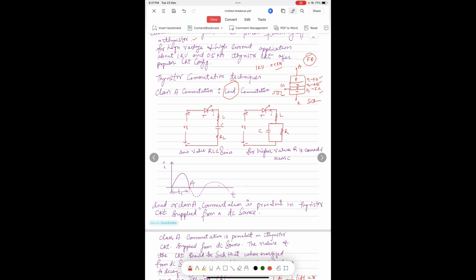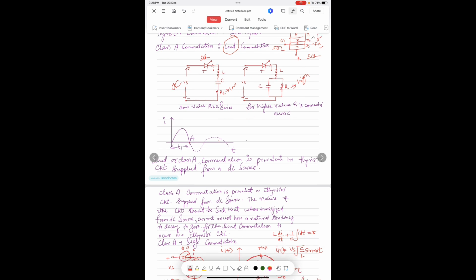If we see in the diagram, Vs is the source voltage, that is DC, and we have an SCR, thyristor, and L, C, R connected in series. If the value of R is low, then we connect it in series. But if the value of R is high, then we connect C and R in parallel along with an inductor.